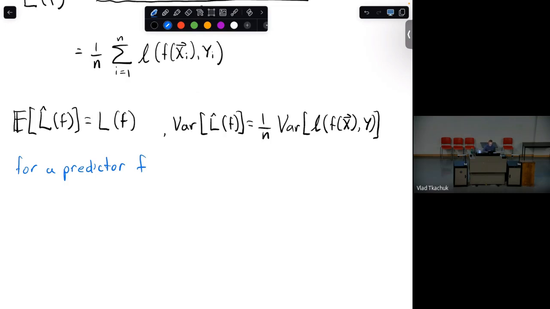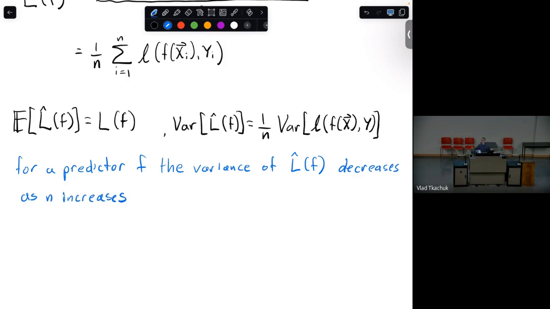For a predictor f, the variance of the estimate of the expected loss decreases as n increases. As we would expect, you increase the data set size, we have a better estimate of the expected loss of a predictor.